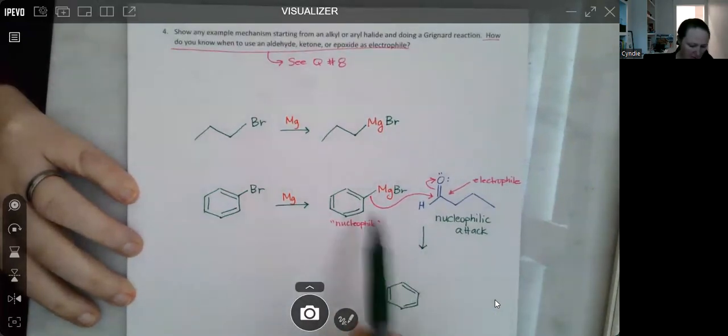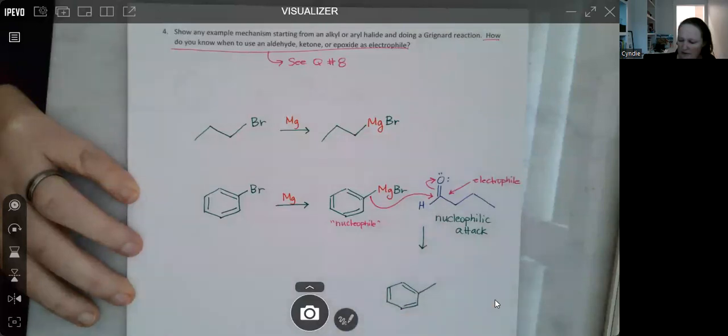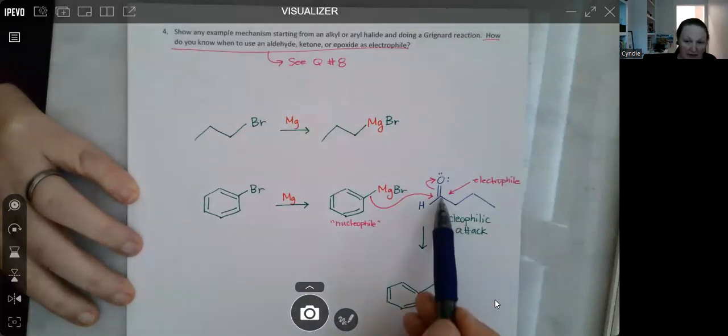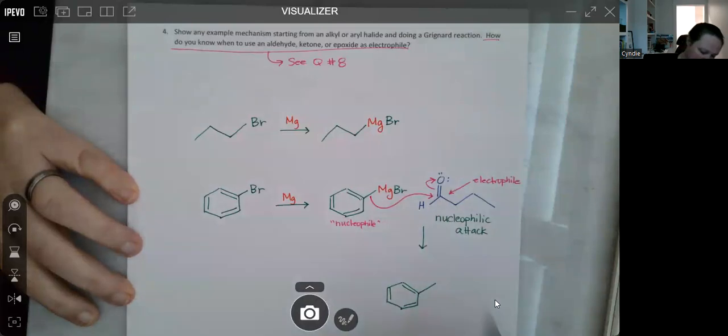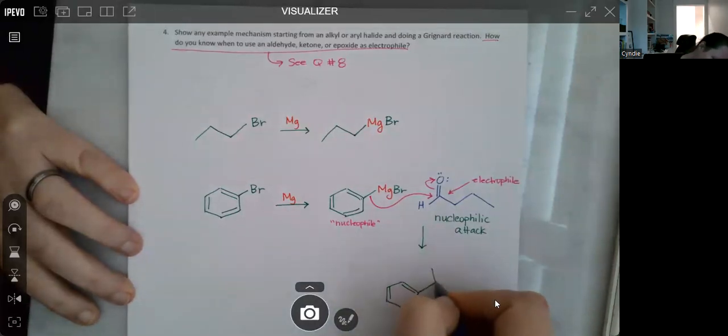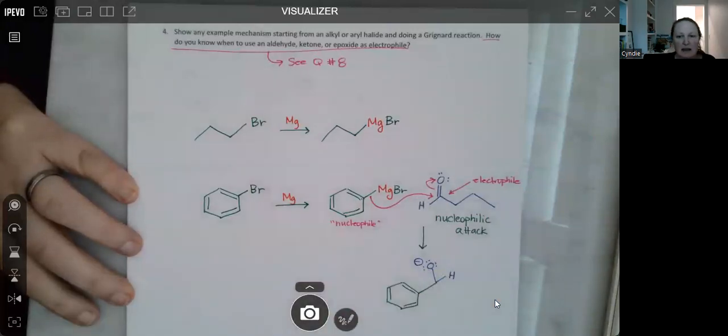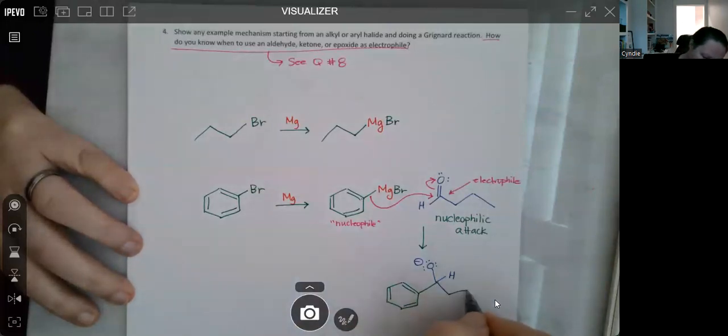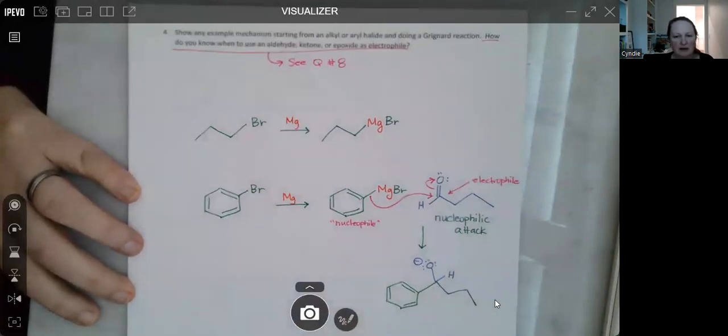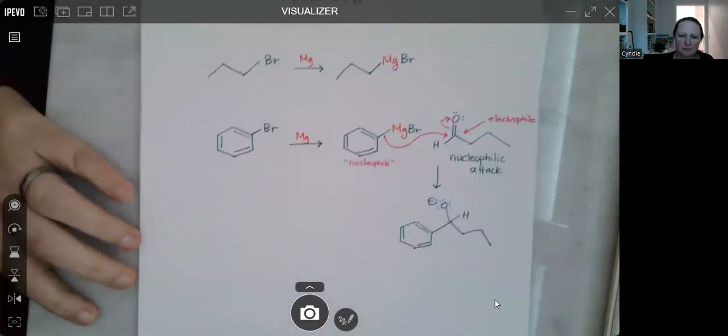Now we have this carbon directly bonded to the electrophilic carbon. So we sent electrons up to the oxygen, and now we have a negatively charged oxygen. And there was a 3-carbon chain attached there as well.